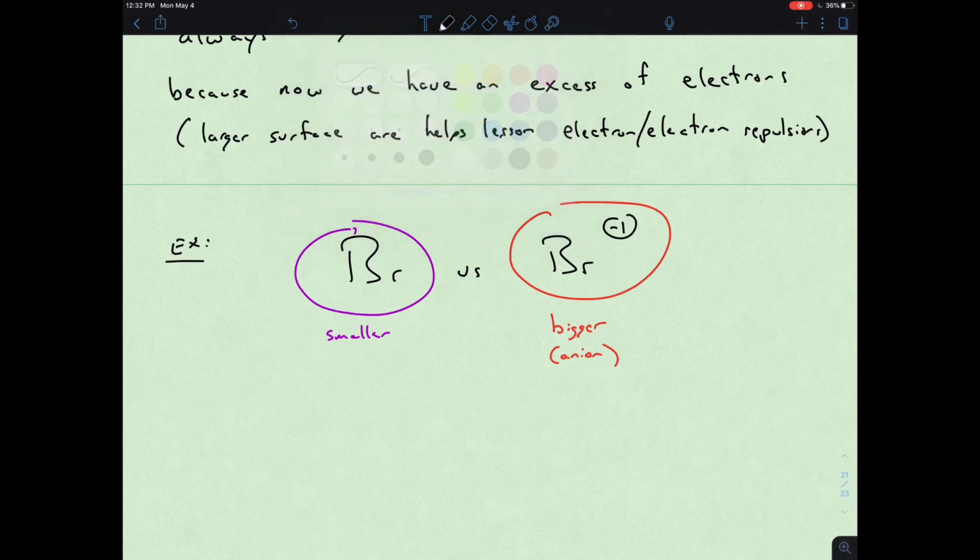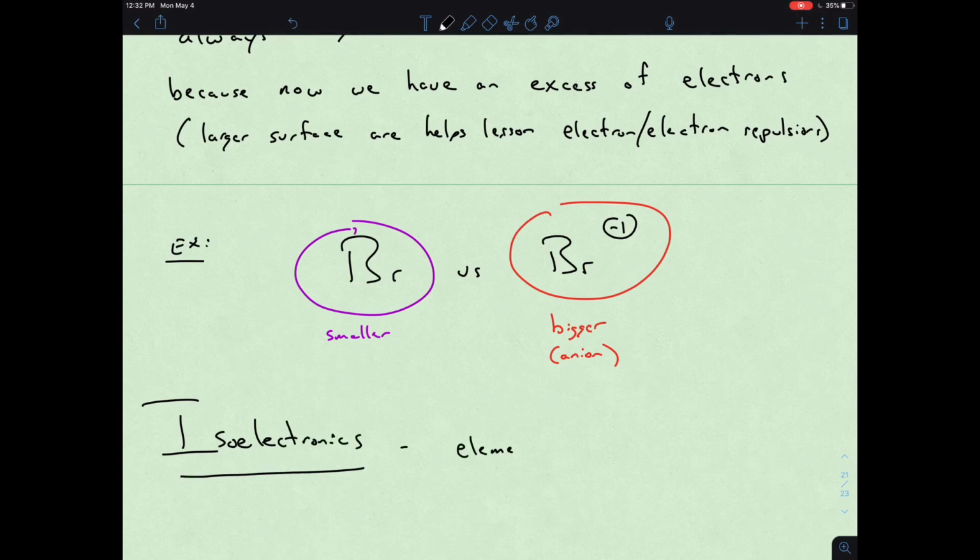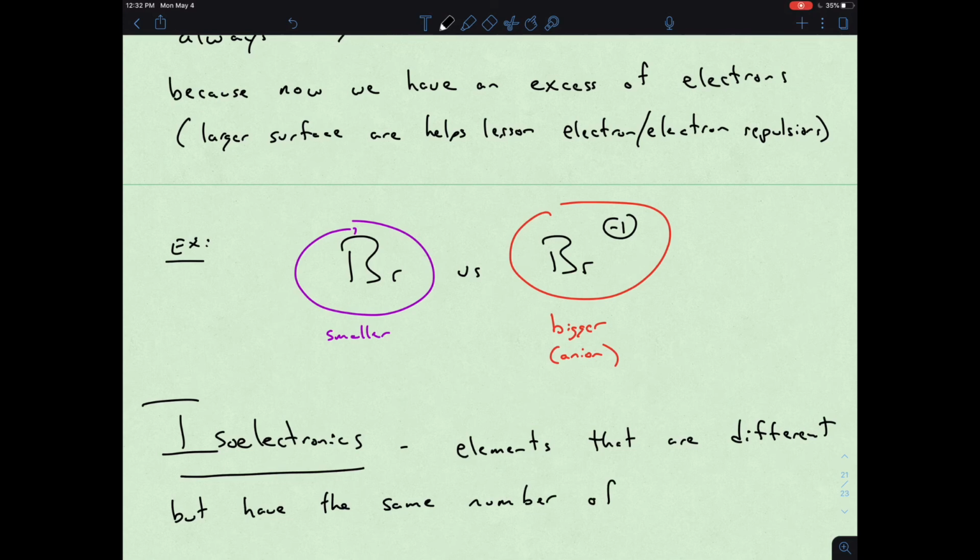But what about isoelectronics? These are elements that are different, but have the same number of electrons.